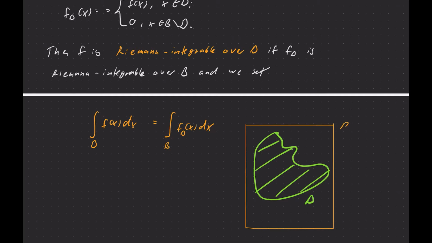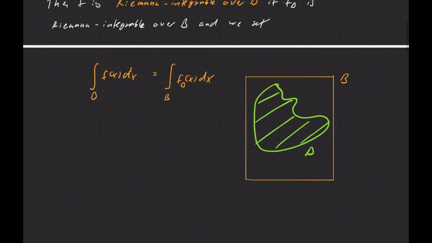So that's our box B. And we just define a new function over B by setting it to 0 outside of the green domain D. Okay, so that's the very simple but very successful idea.